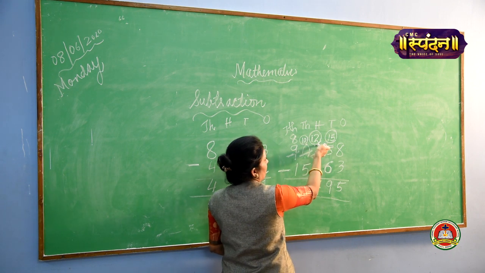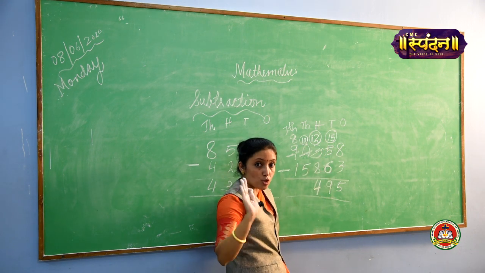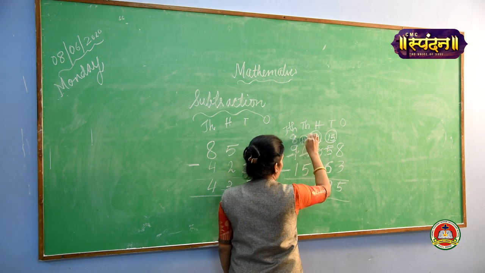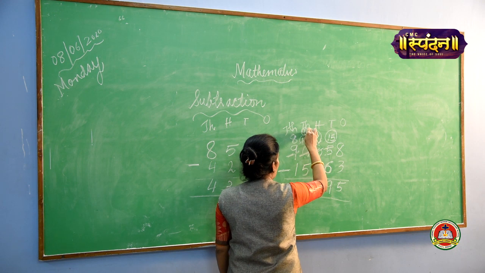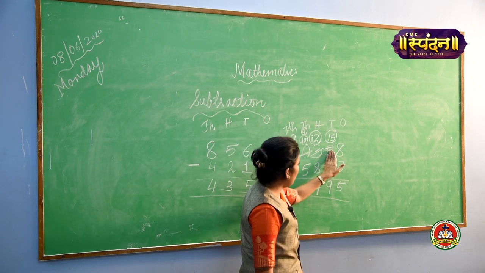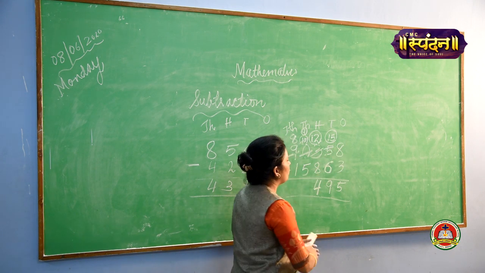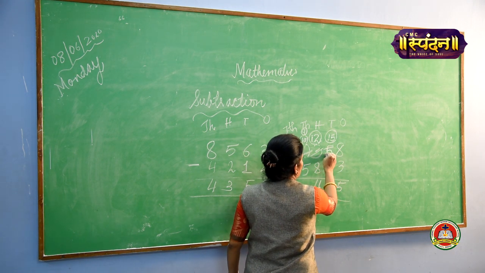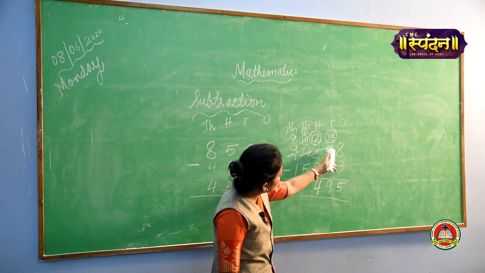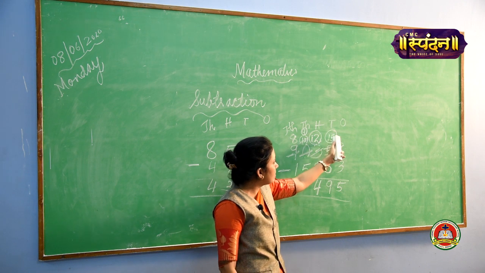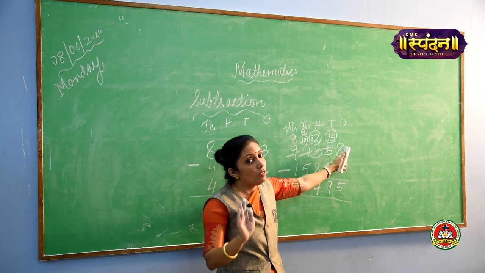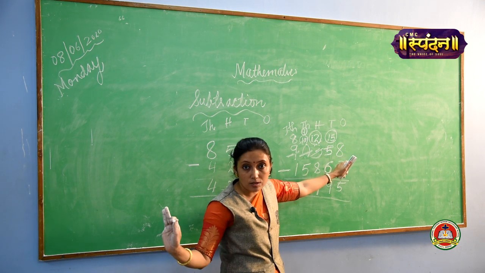Then this 10 has been given to this, that's why it has become 12. But as this 10 has been given to this member, it is again going to be 9. See how it is changing. See, first I came here and gave to this, so it became 15. So now this was 5, so I have crossed it. Please remember, whenever we are doing subtraction, children, you can make this cross and write down, encircle that and write the new number here. That is very important. If you do not write it, again as in addition, the whole answer is going to be wrong.